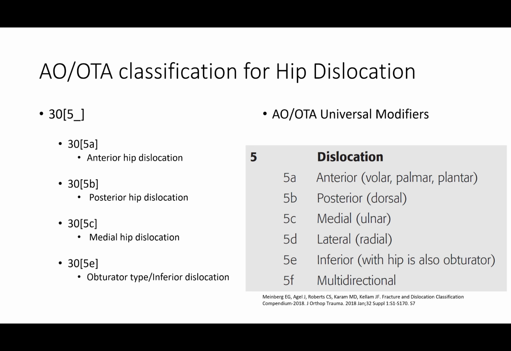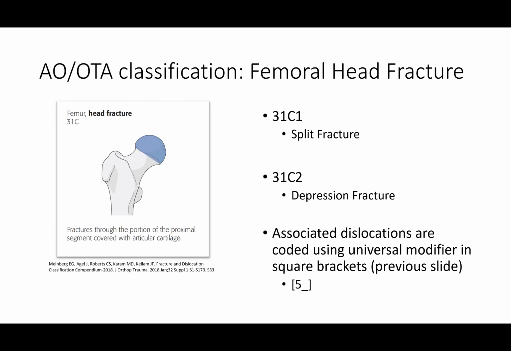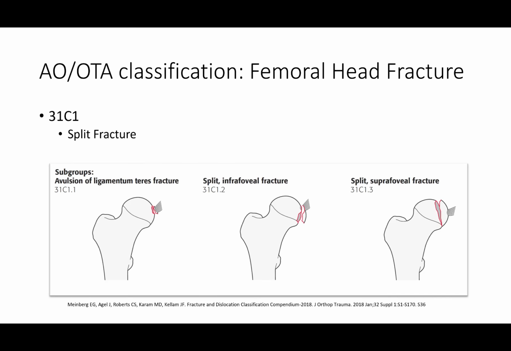I'm not going to run through this completely, but the femur is bone number 3, femoral head is 1, so it's a 31. So 31, C1 is a split fracture, C2 is depression, and associated dislocations are coded using a universal modifier in square brackets, if you go back to the previous slide.